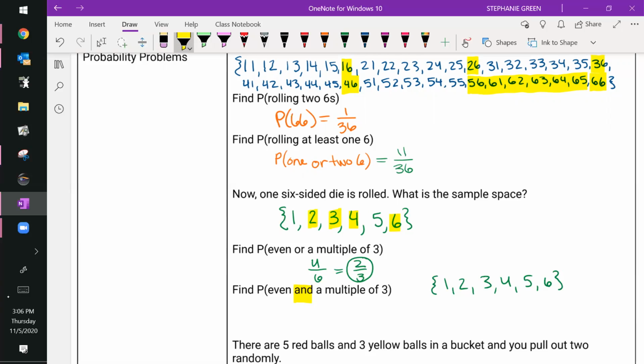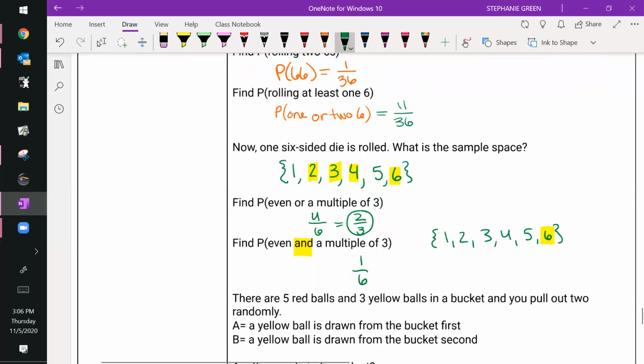I only want to include outcomes that satisfy both events. So which even numbers do I have here that are a multiple of 3? Just the number 6. The only other multiple of 3 I see here is the number 3, and number 3 is not even. There's only one outcome out of 6 outcomes that is both even and a multiple of 3.